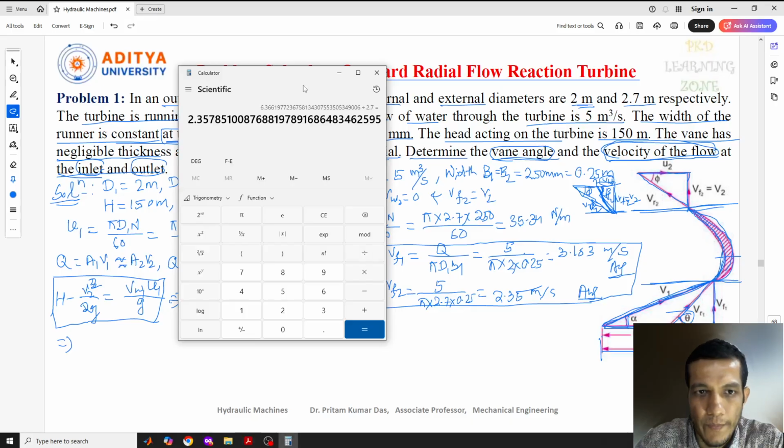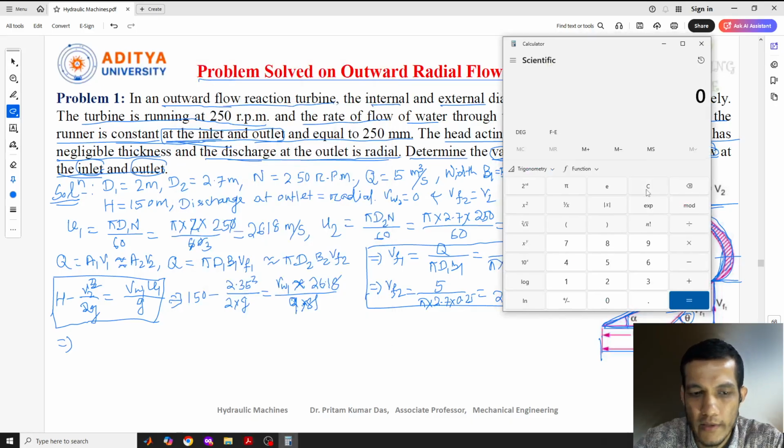So take this one here: 150 minus, start the bracket, 2.35 square divided by 2 into 9.81, bracket close. We got something like 122... let me check.